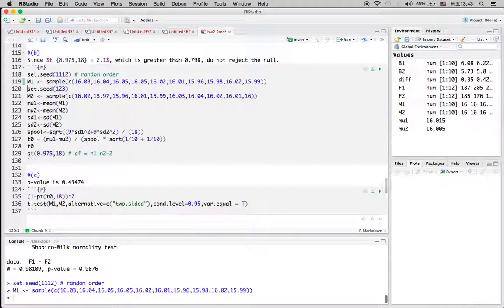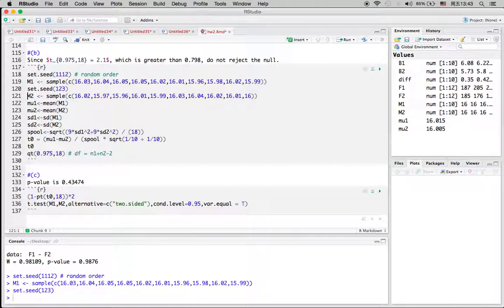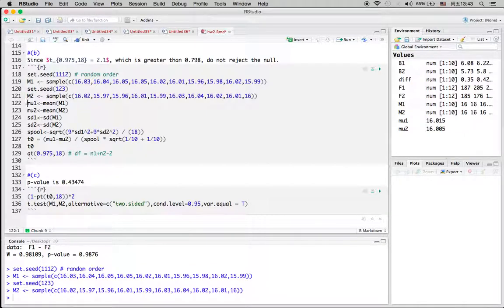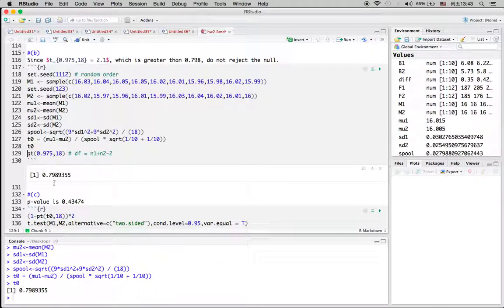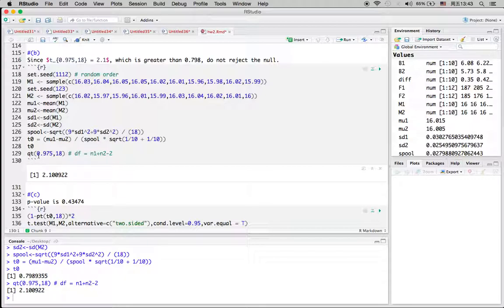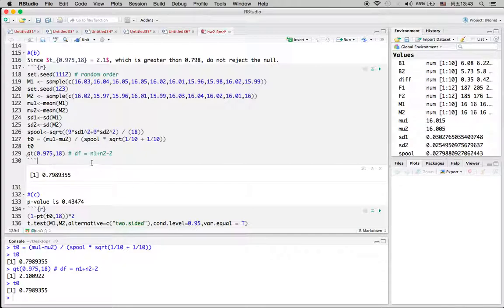So again, we're going to draw random samples from our population, and then we're going to calculate the t-score, which is 0.8 approximately, and then the t-score for the rejection region is 2.1, which is greater than our t-score. So we do not reject the null hypothesis, which means there isn't a difference between the two populations, M1 and M2.